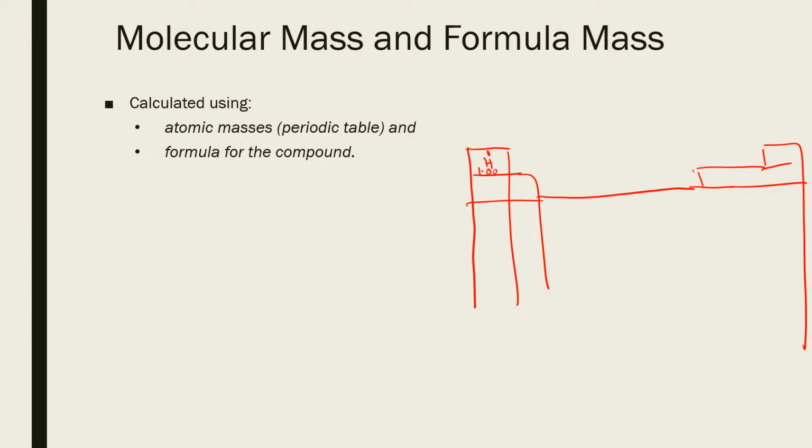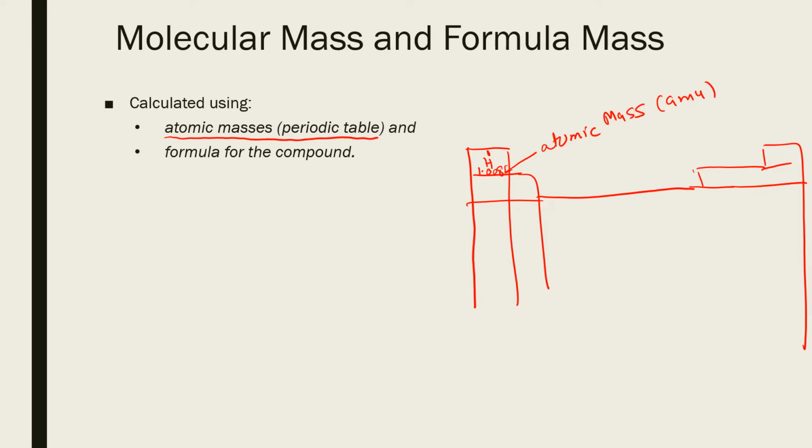If you look carefully in any periodic table, you will find that the mass of a hydrogen atom is 1.008. This number is the atomic mass. Atomic mass is the mass of any atom on the AMU scale. It's not in grams, it's in AMU. AMU stands for atomic mass unit.